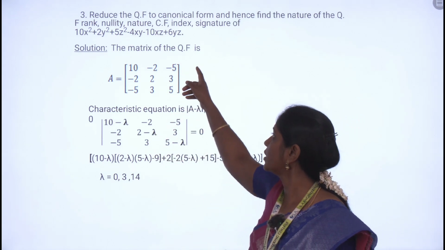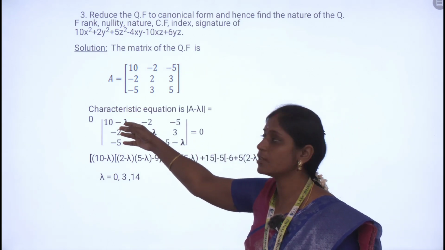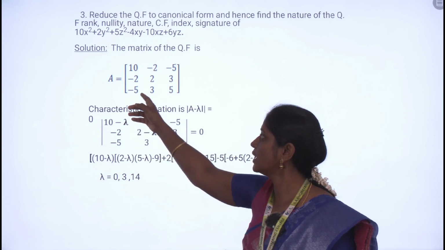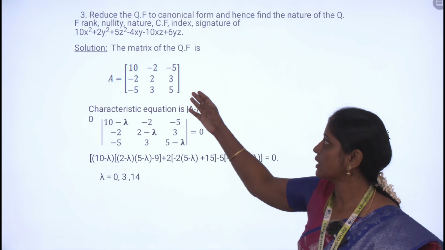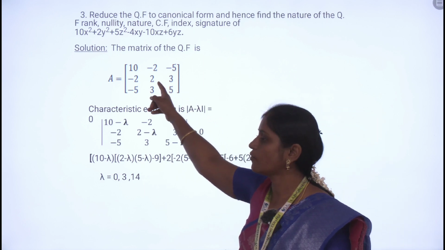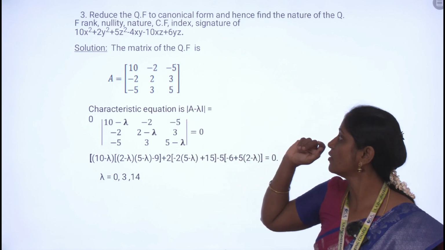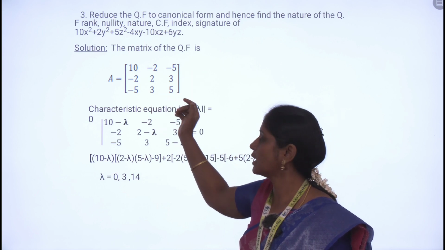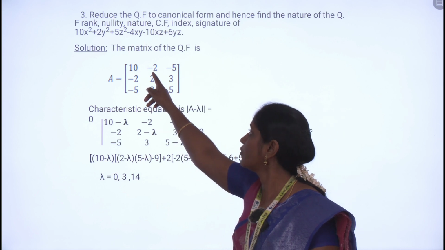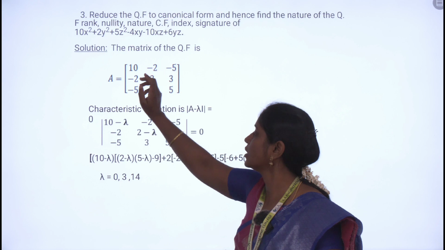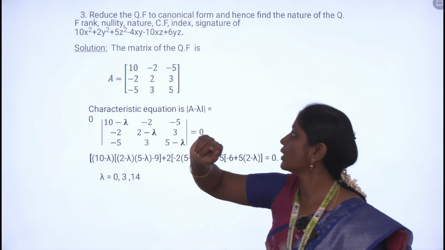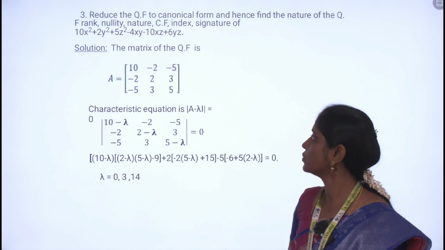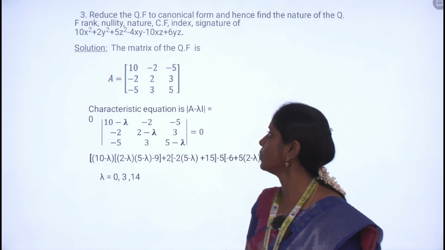The matrix of the quadratic form, we just saw the formula: A equals the coefficient of x square, here the coefficient of y square, and here the coefficient of z square. The given variables are x, y, z. Here, half into the coefficient of xy, that is 1 by 2 into minus 4, so this is minus 2, and here also minus 2.